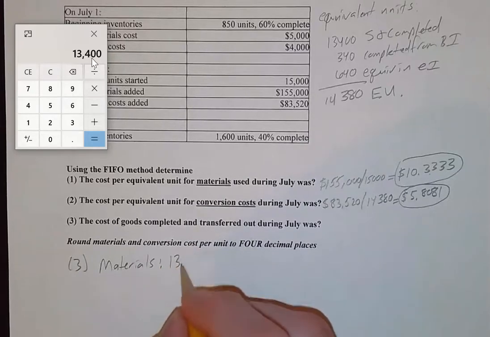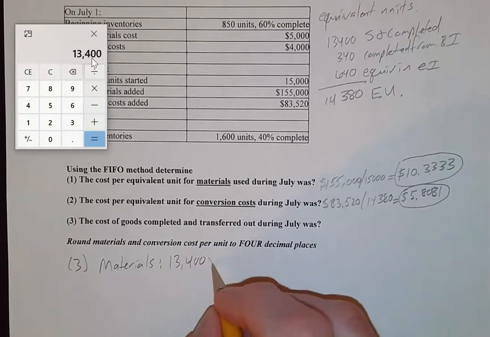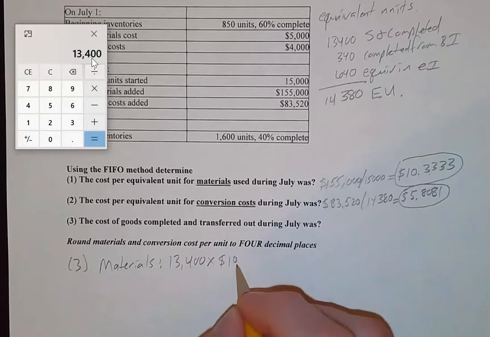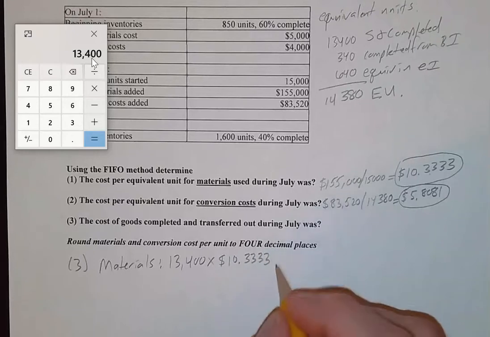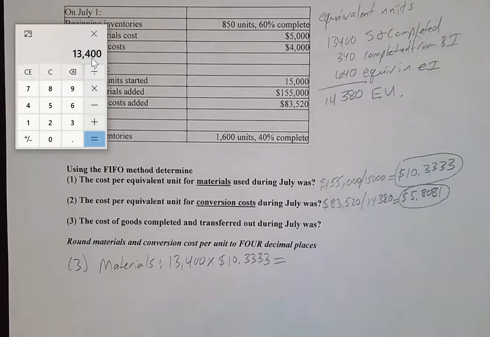We're going to have 13,400 units times $10.3333. Okay, and so let's just go ahead and execute that.